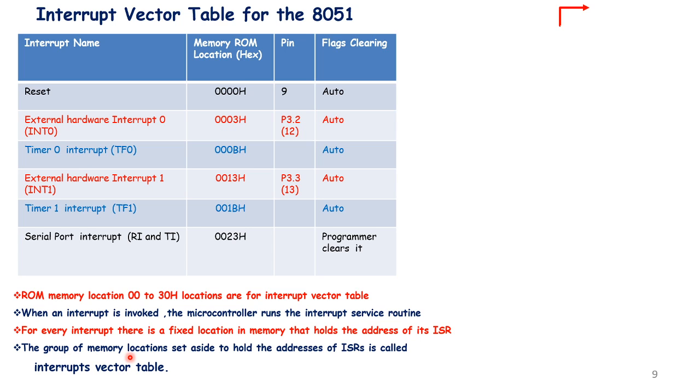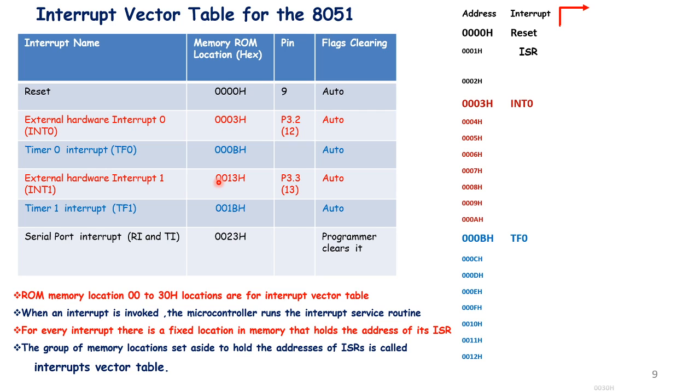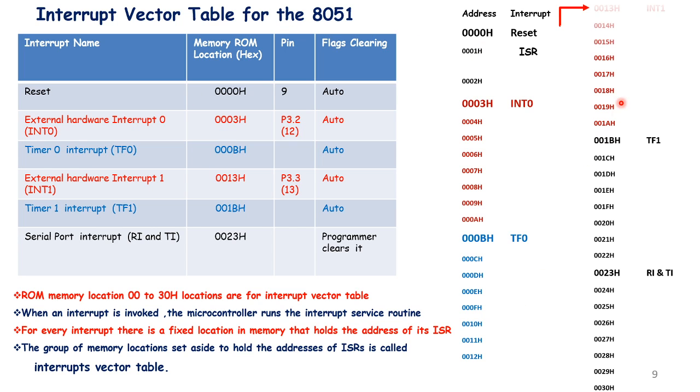A group of memory locations set aside to hold the addresses of interrupt service routines is called the interrupt vector table. This table consists of addresses starting from 0000H, and it holds all these interrupts.